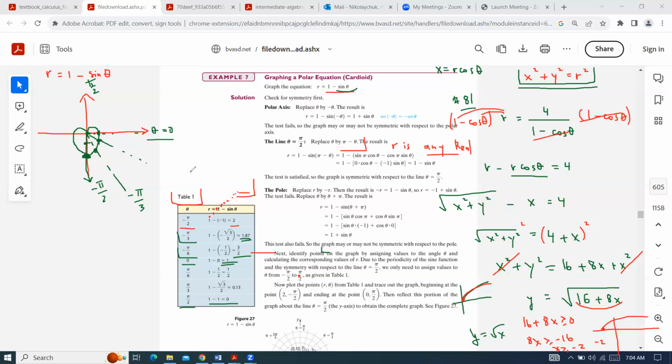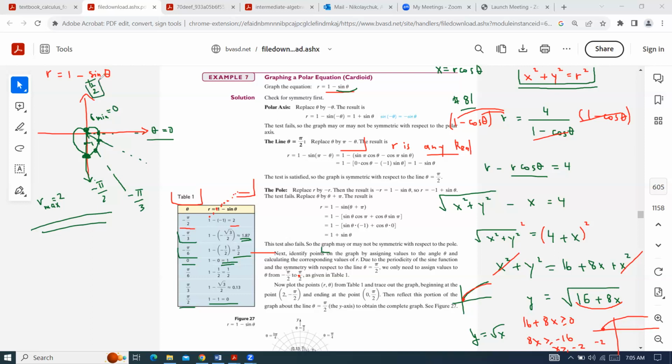So it looks like the key points are where we get a largest value, or so-called maximum value of radius, and this is 2, and that happens when angle is pi over 2, and the minimum value of r is equal to 0, right? The lowest value is 0, and that happens when the angle is pi over 2.